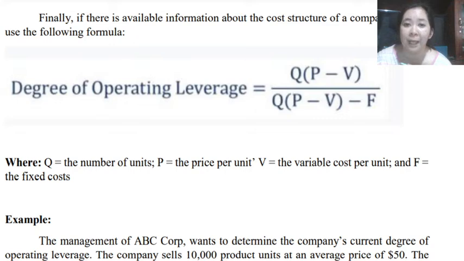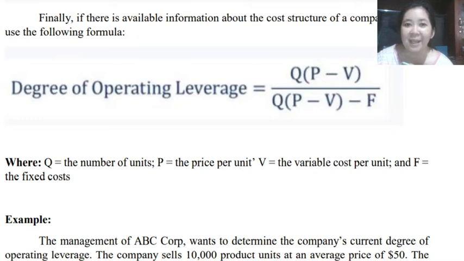So meaning degree of operating leverage is equal to the number of units multiplied by the difference between the price per unit and the variable cost per unit, or this is your contribution margin per unit. P minus V is your contribution margin per unit. We will multiply it with the number of units. So that's our numerator. For the denominator, the same also: contribution margin per unit multiplied by the number of units, minus fixed cost.